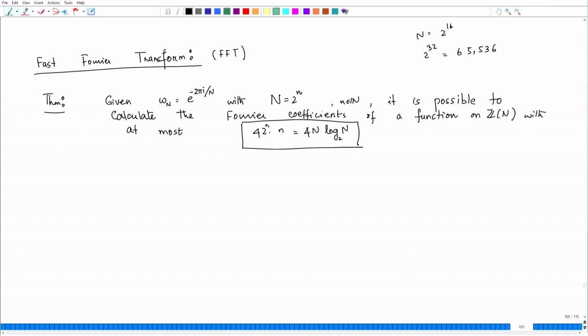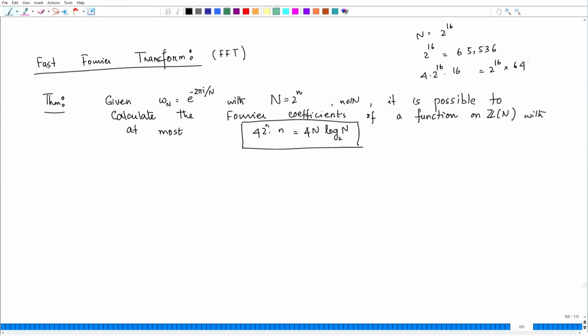However, if I calculate this, it is 4 into 2 to the power 16 into n, which is 16, so 2 to the power 16 into 64.